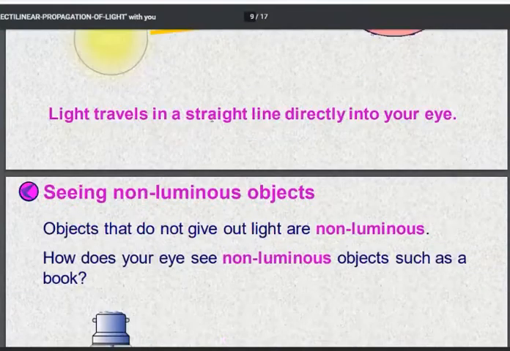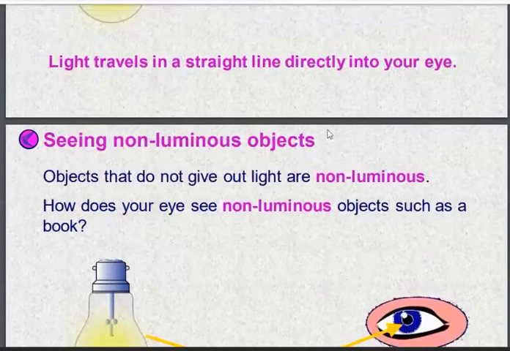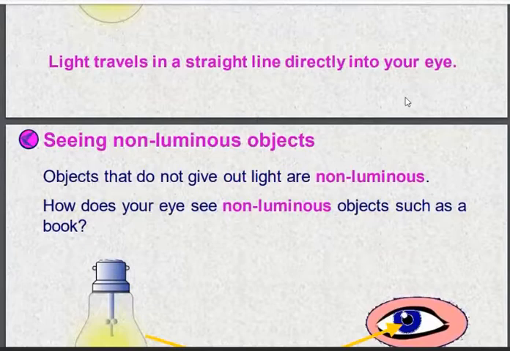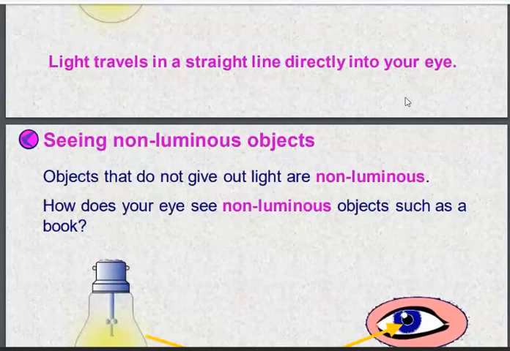So light travels in a straight line directly into our eyes and then produces a sensation of vision on the retina, and in turn the retina converts the incident light into an electrical signal, which is then transmitted to the brain through optical nerves, and then we are able to see, and vision is completed.